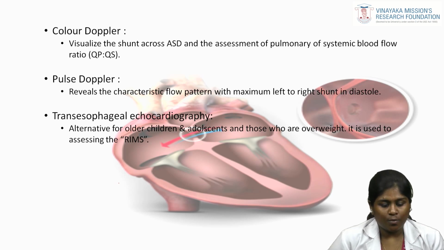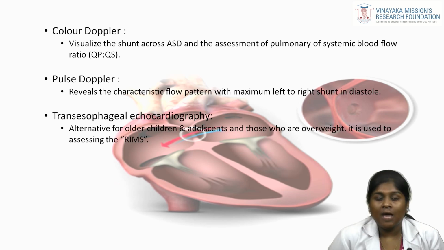through pulse wave Doppler. Then next is transesophageal echocardiography, an alternative for older children and adolescents and those who are overweight. It is used for assessing the rims. So transesophageal echocardiography is mainly used for older children, adults, or obese patients. In 2D echocardiogram we place the probe on the chest region.